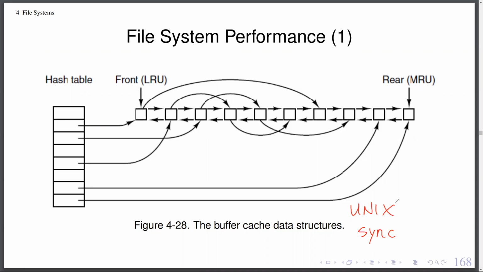Now this one will start up and run in the background approximately every 30 seconds. That way, if your system crashes, you're really only losing about 30 seconds' worth of work. So not too bad. In combination with the system call sync, there's a daemon that runs in the background called update.